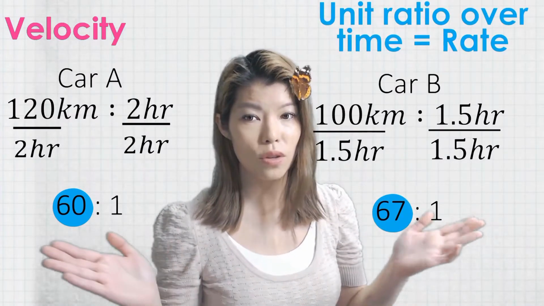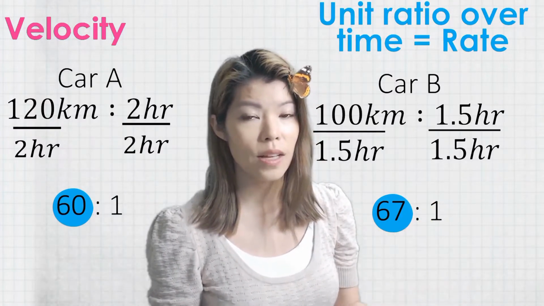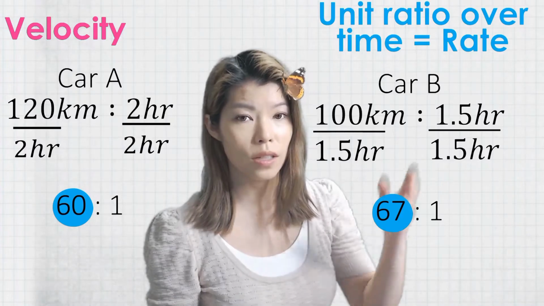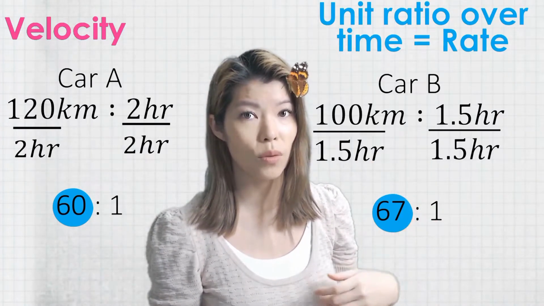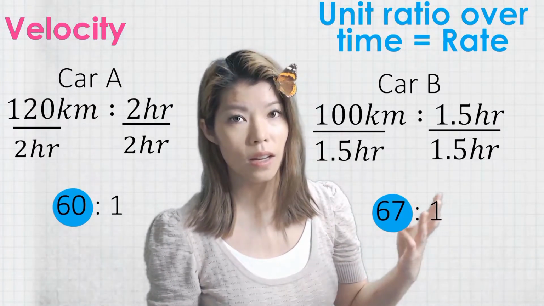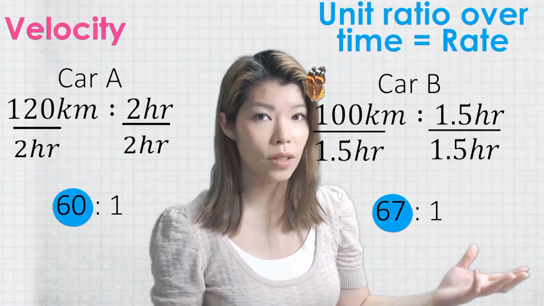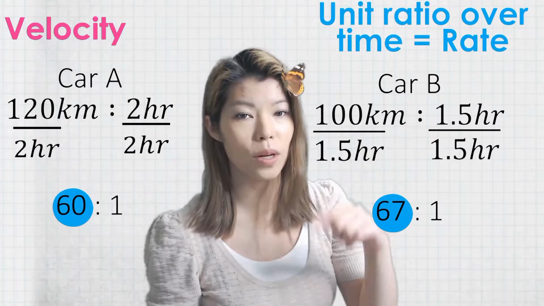So we can use the unit ratio to clearly see that car B is faster. Whenever you see unit ratio described over time, we also call it rate. For example, when water drips out of a leaking container, that's volume per minute, which is also called rate. So things that have time at the bottom is rate.